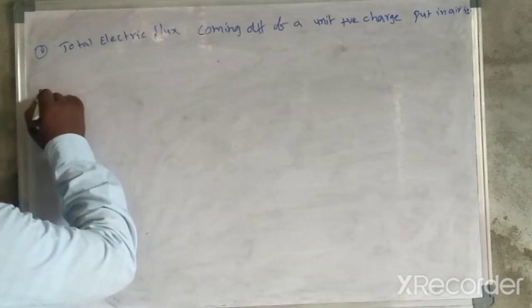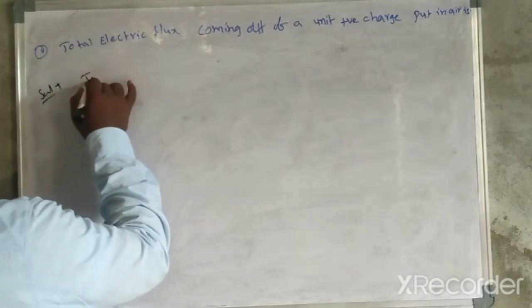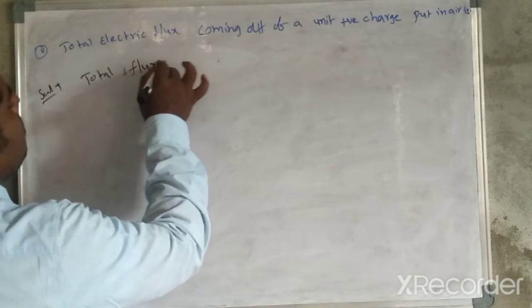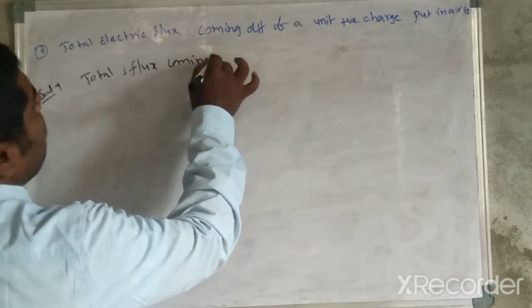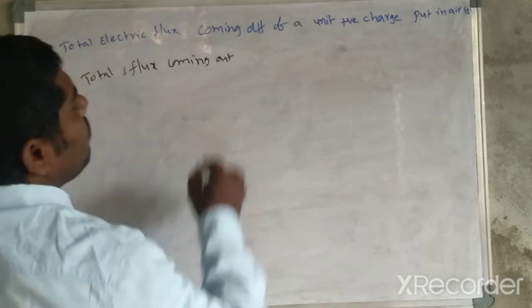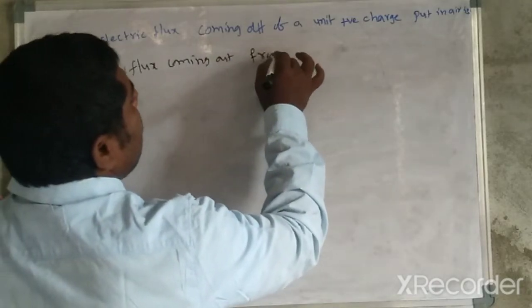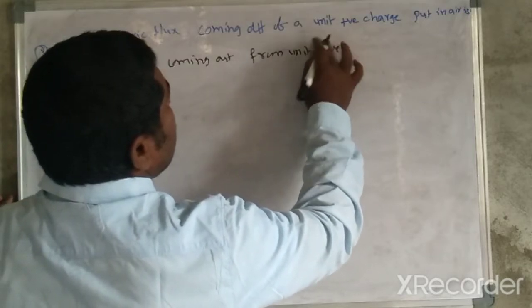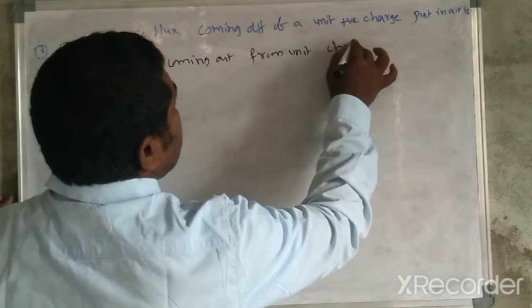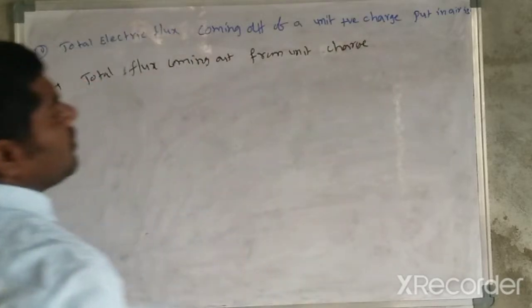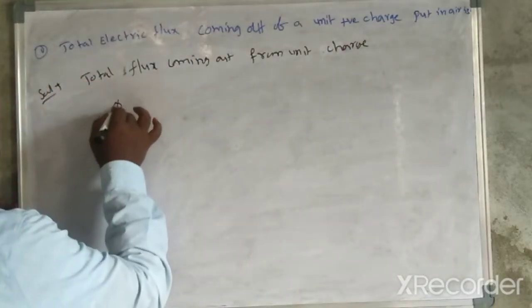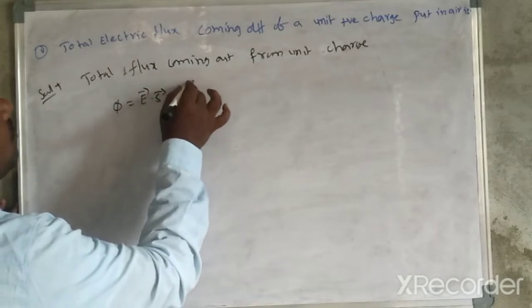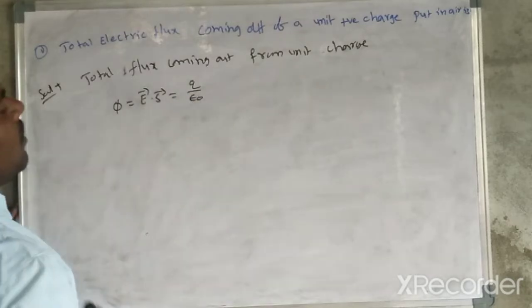So, solution. Total flux coming out from unit charge: flux is equal to E bar dot S bar, which is equal to Q upon epsilon naught.